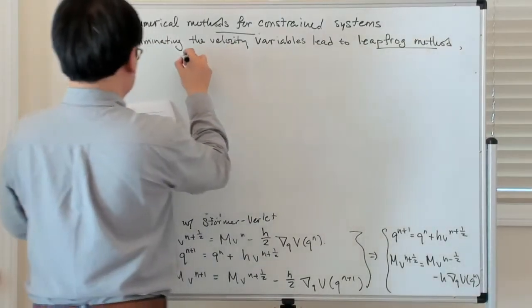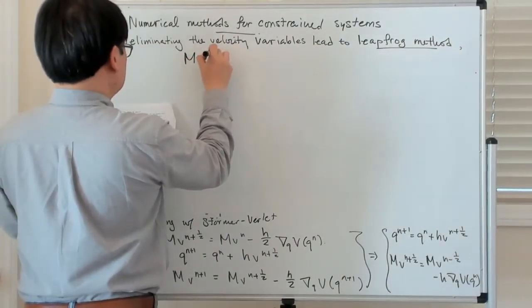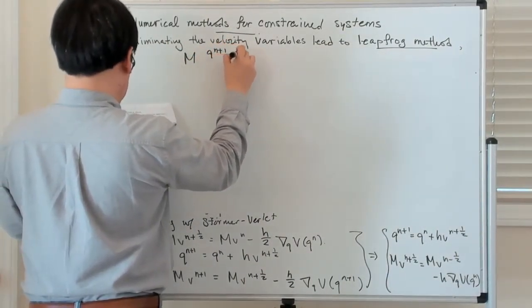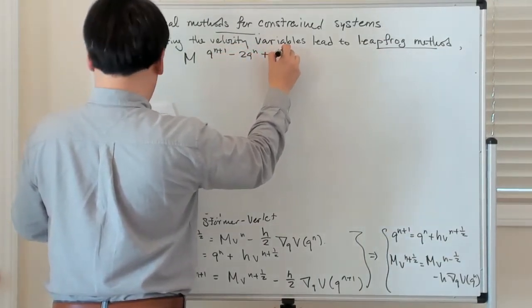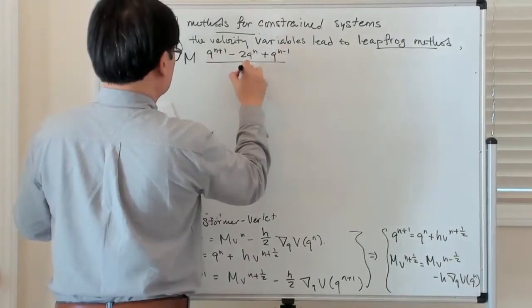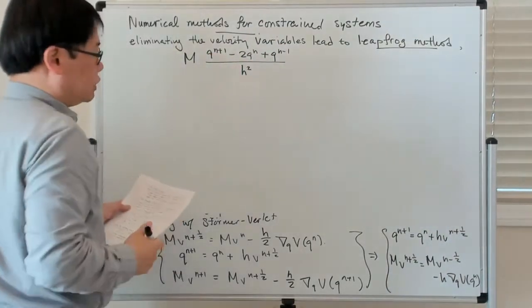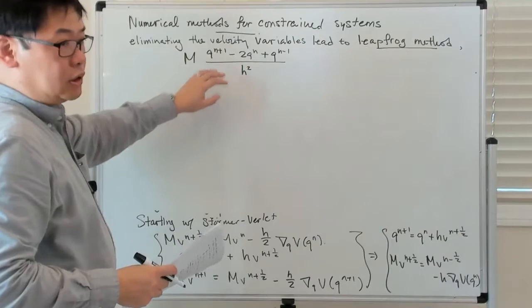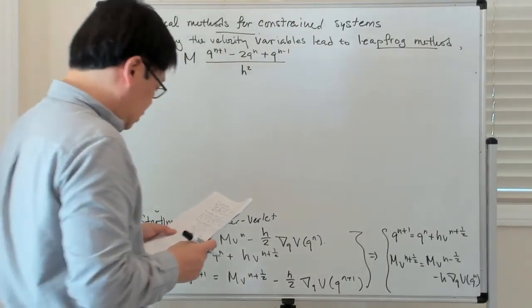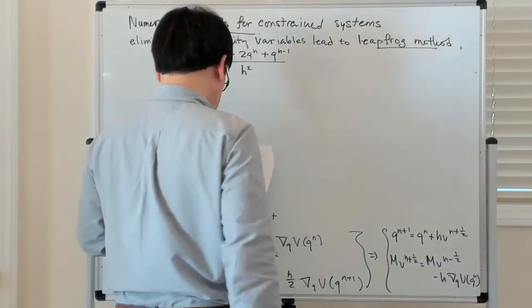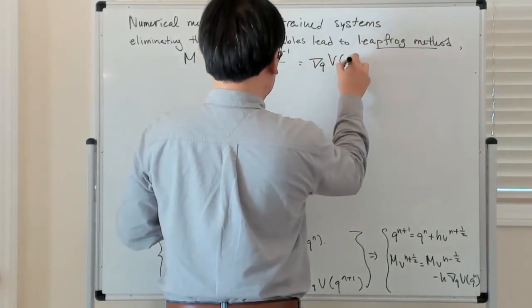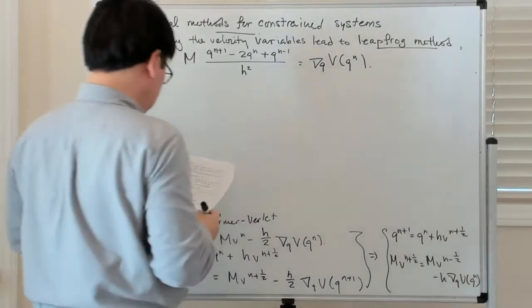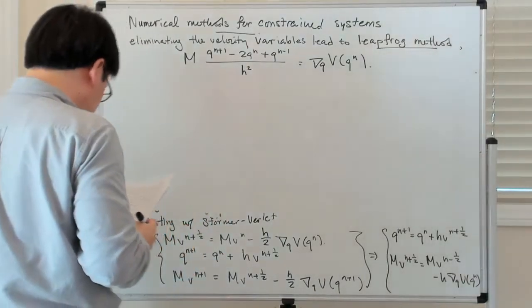So we have m times (q^{n+1} minus 2 q^n plus q^{n-1}) over h squared. This is, of course, just a finite difference approximation of the acceleration, the central approximation, minus the gradient of the potential. This is often referred to as the leapfrog method.